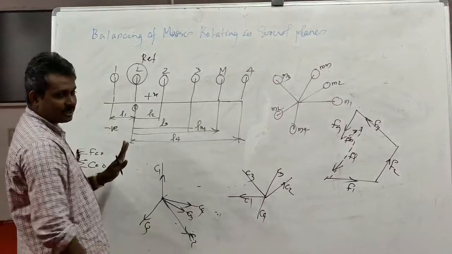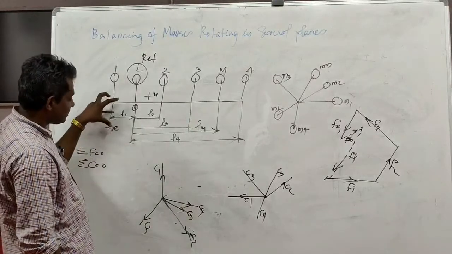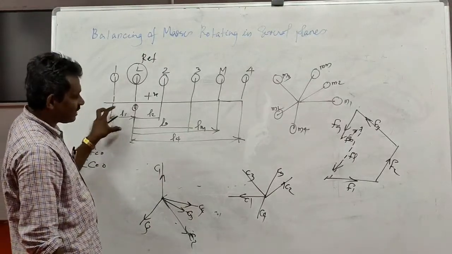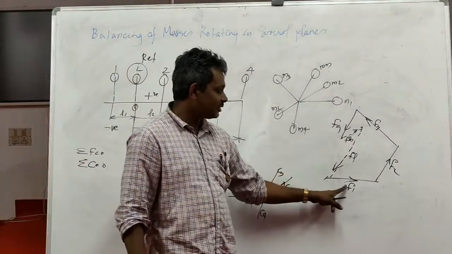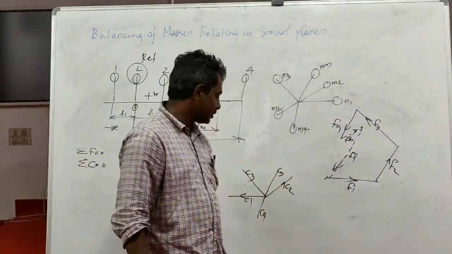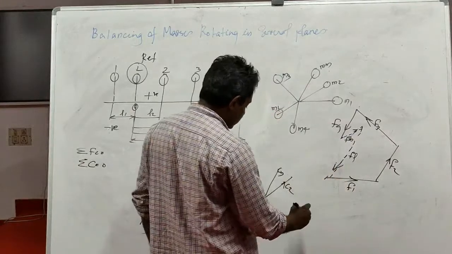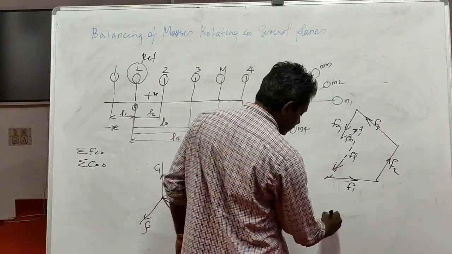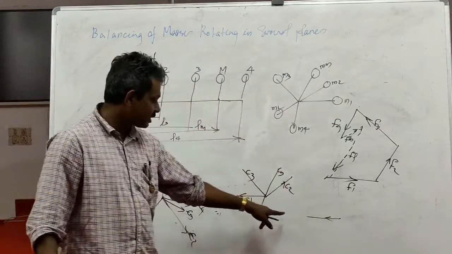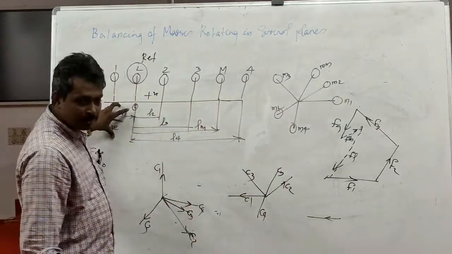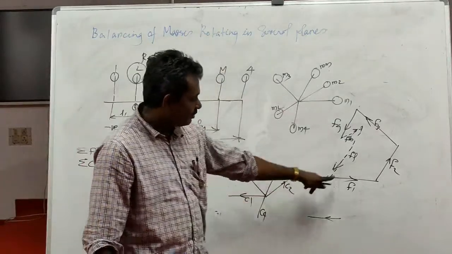So the sense will differ. As far as this value is concerned, C1 will be against the force. So we can easily mark the coupled polygon, because this value will be negative, in the opposite direction of the force.